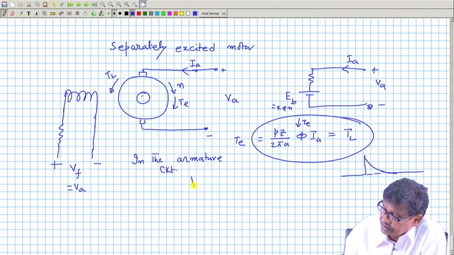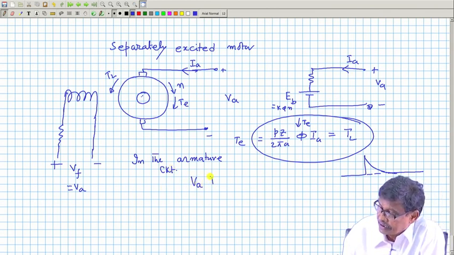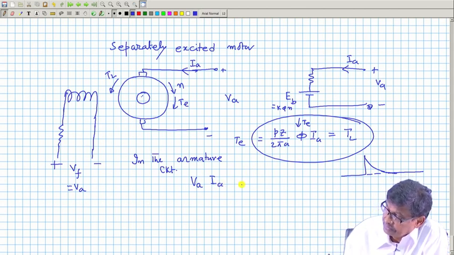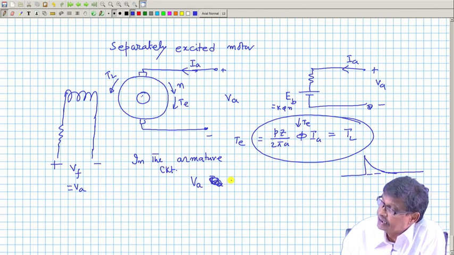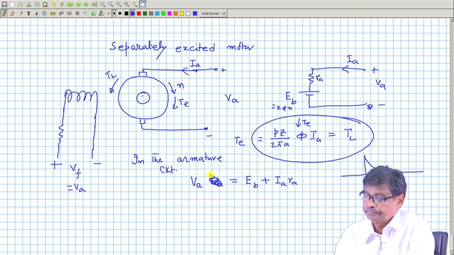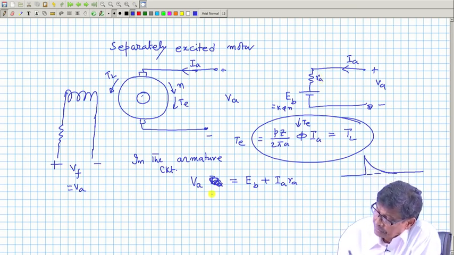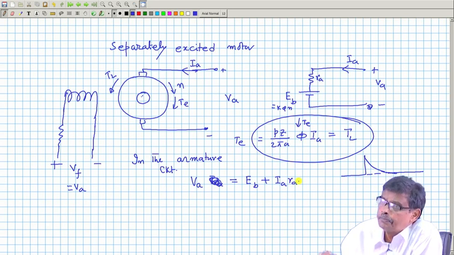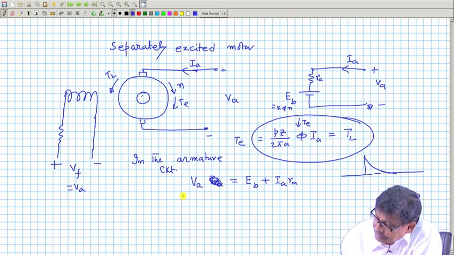The KVL equation is Va is equal to Eb plus IaRa, neglecting brush drop, etc. Now, multiply both sides by Ia. What is Va into Ia? This is the power input to the armature.